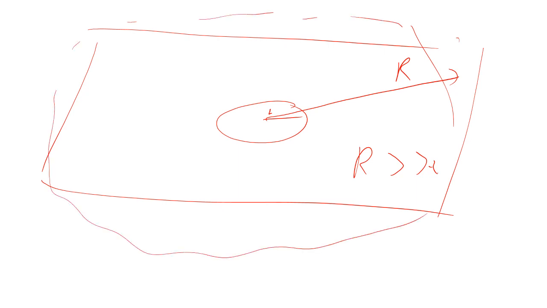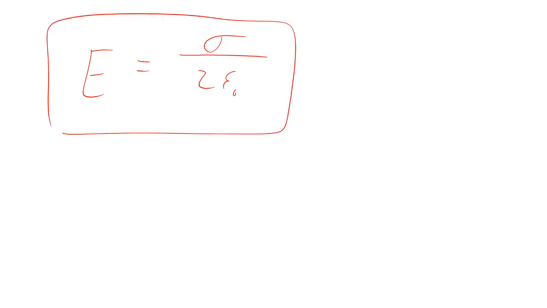So for all of this, as long as r is much, much greater than z, if it is a flat disk of any kind, then the electric field is going to be sigma over 2 epsilon naught, directed away from the surface. And so that is the electric field near a surface of charge. Okay, and so with that, we'll do a couple of examples.